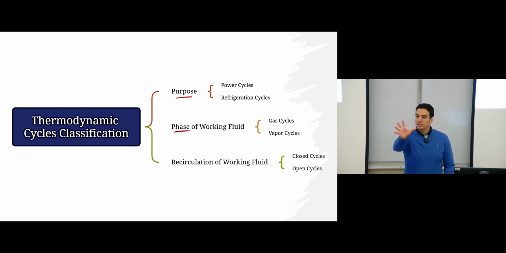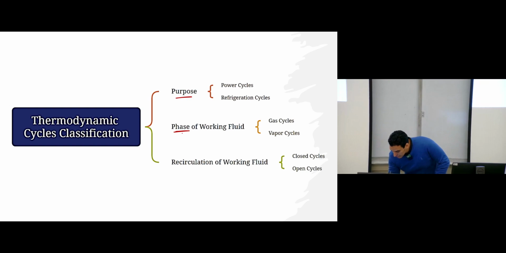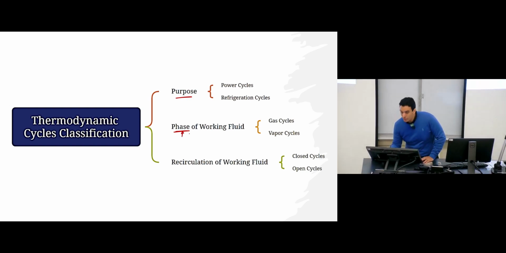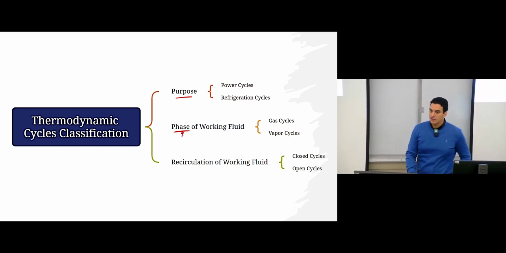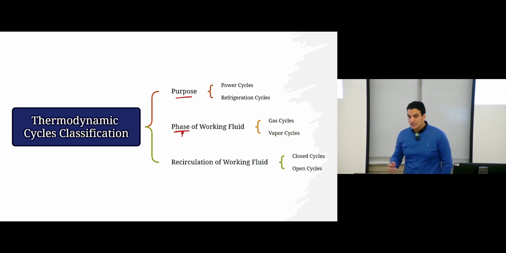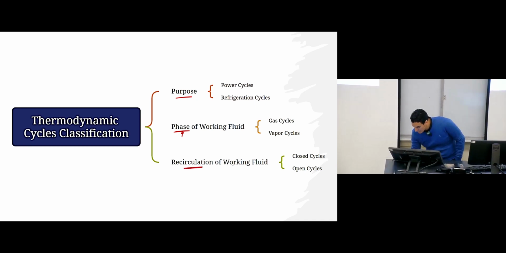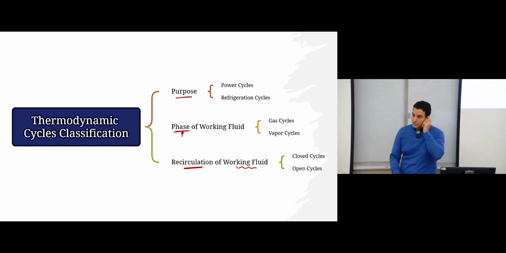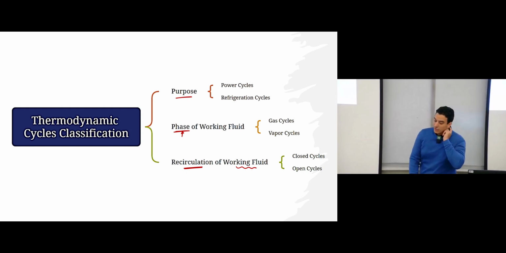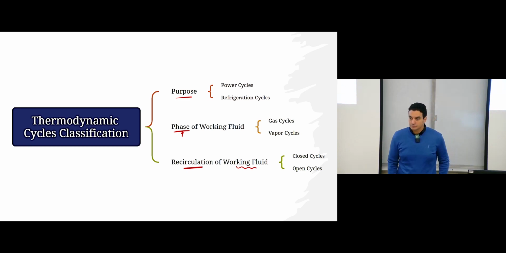This working fluid gains heat from the reservoir source and then releases waste heat to the reservoir sink. So according to the phase of this working fluid, we can classify the cycles. Third, we can classify the cycles based on the recirculation that is happening to the working fluid. So these are 3 categories we can use to classify the cycles.